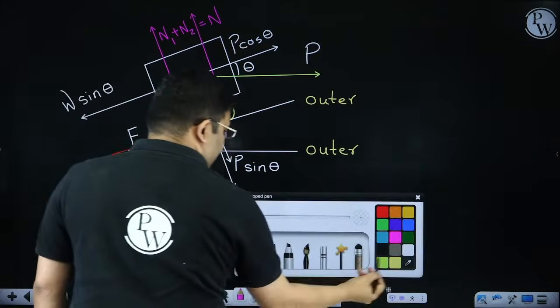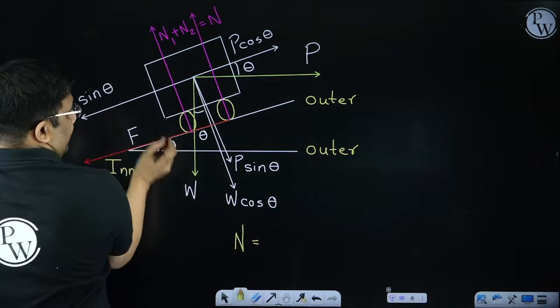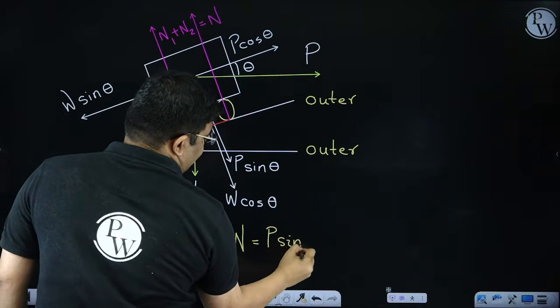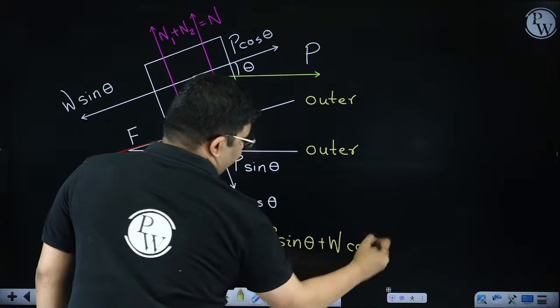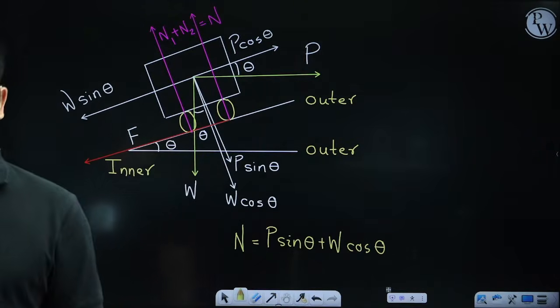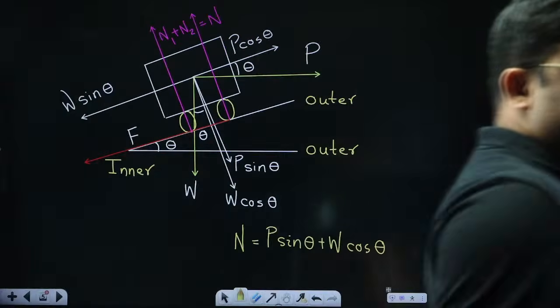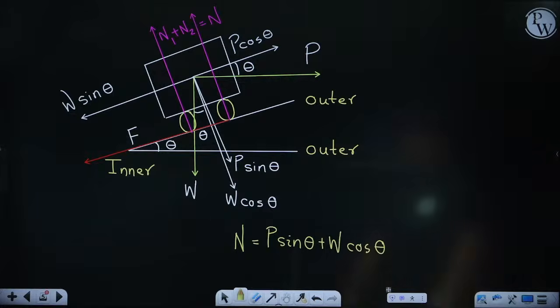Now this is equal to what? It is balanced by P sin theta and W cos theta, right? So the normal reaction is P sin theta plus W cos theta, which was earlier only the weight.